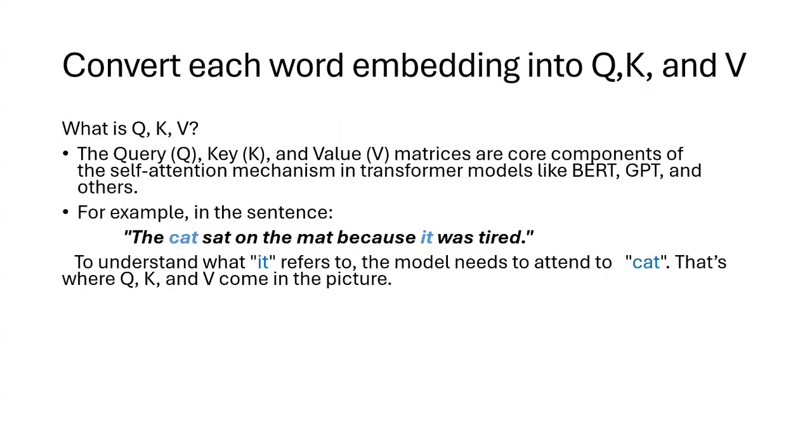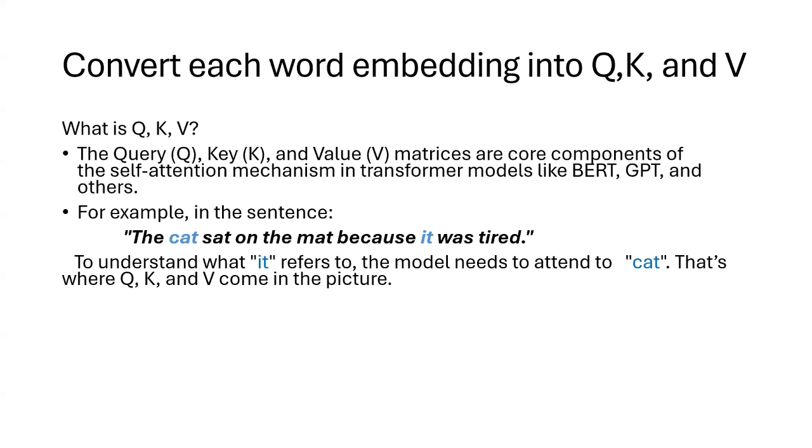So first thing, what converts each word embedding into Q, K, and V? What is QKV? The query Q, key K, and value V matrices are core components of the self-attention mechanism in transformer models like BERT, GPT, and others. For example, in the sequence, the cat sat on the mat because it was tired.